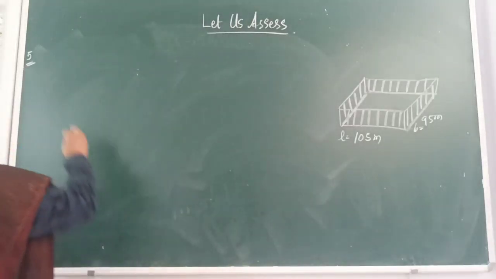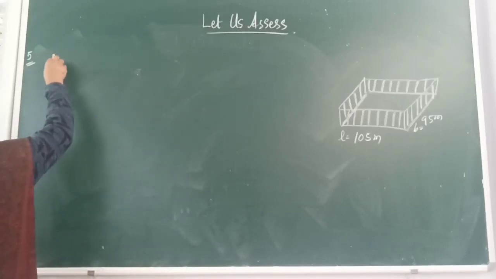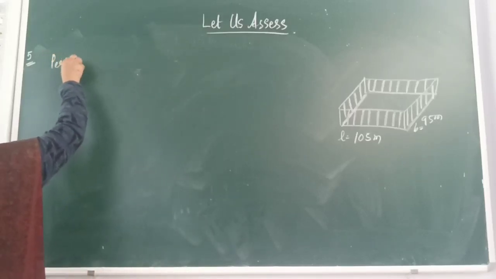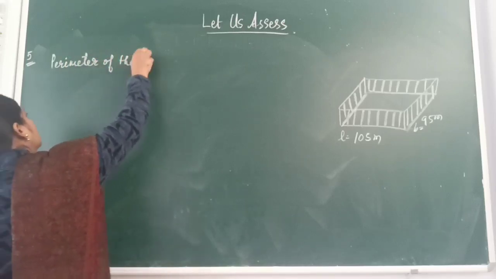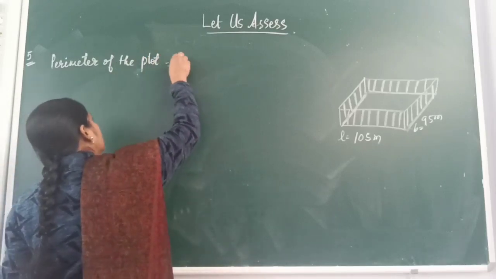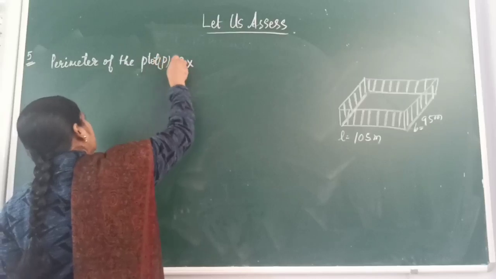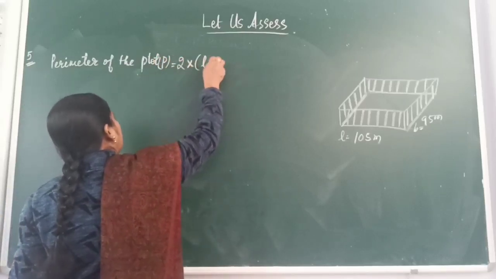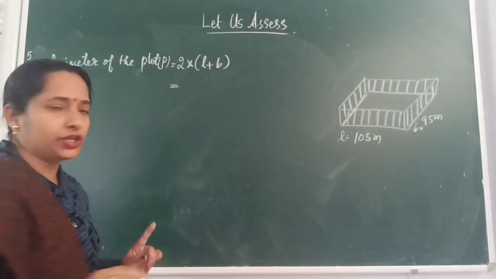So first let us find the perimeter of the plot. Perimeter of the plot is equal to 2 multiplied by length plus breadth. Always try to write the formula. Don't forget to write the formula.